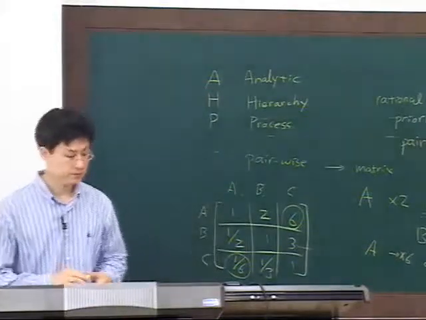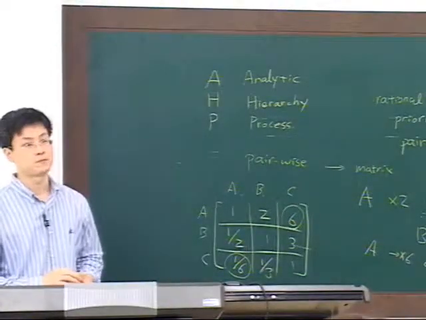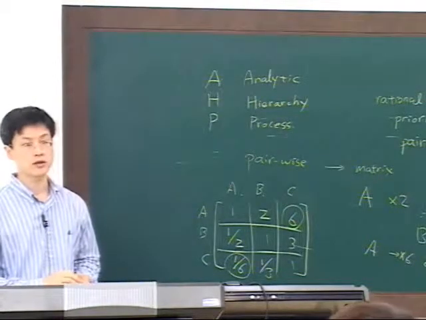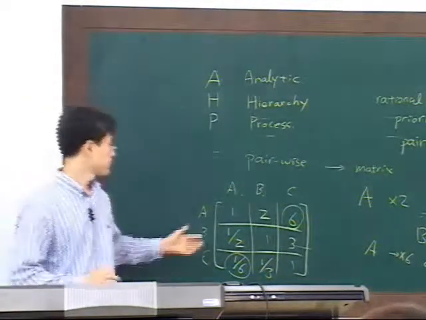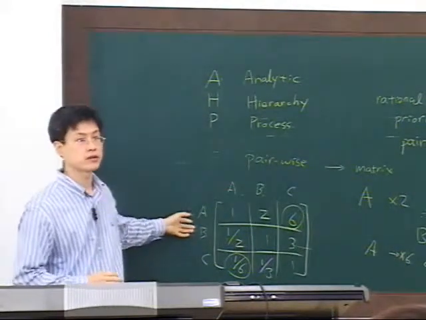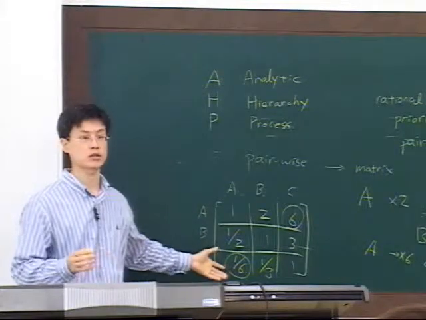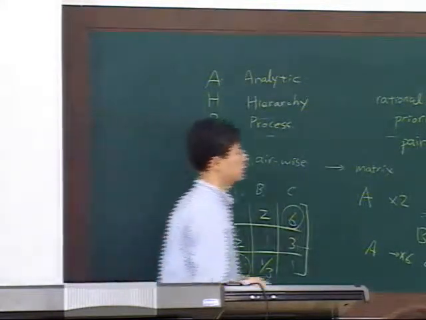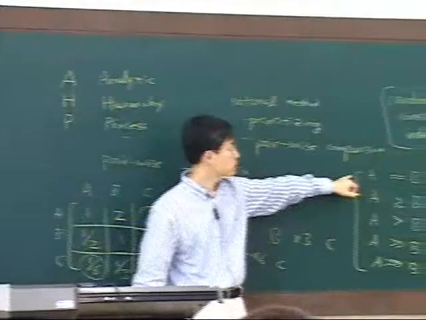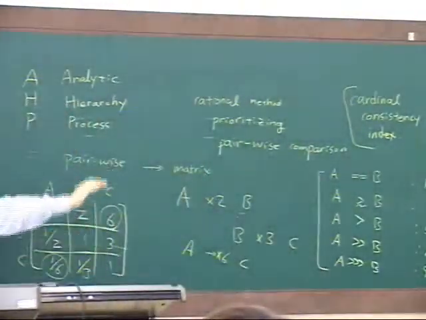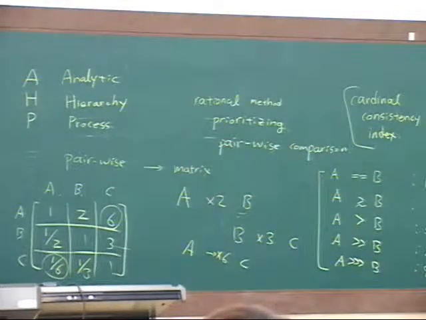I assume everybody's familiar with eigenvalue calculation. Let me ask a couple more questions. In this one, all the elements are positive values, no minus, no zero, because each will be a number from 1 to 9, or the reciprocal value of 1 to 9. Every element is positive.